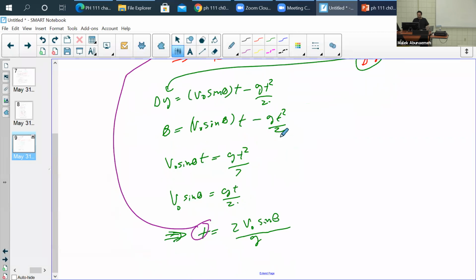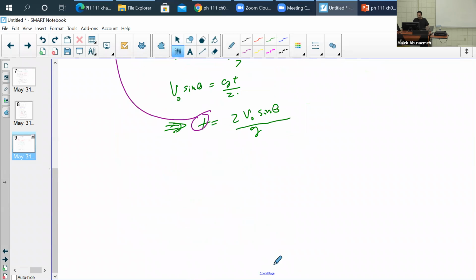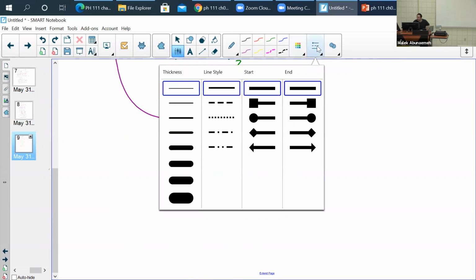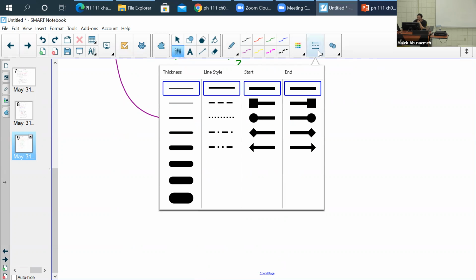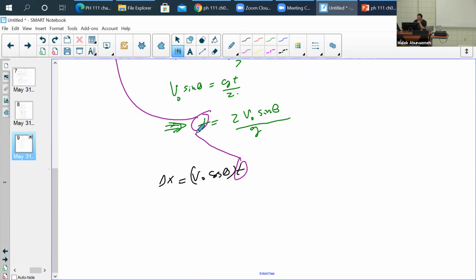So where your delta x equals v naught cosine theta multiplied by t, let me substitute this one over here.